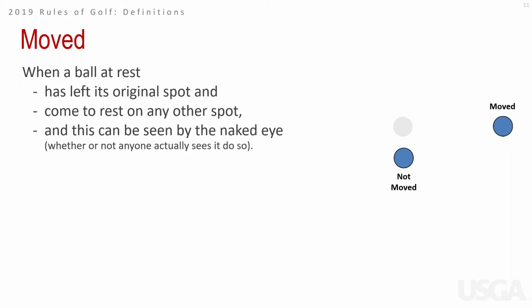And this can be seen by the naked eye, whether or not actually anybody sees it. So if you look at these two blue golf balls over on the right here, the first one has moved to a new location and has come to rest in that new location. The ball on the bottom, even though it technically did move, returned to its original location. So under the rules, that ball has not actually moved.